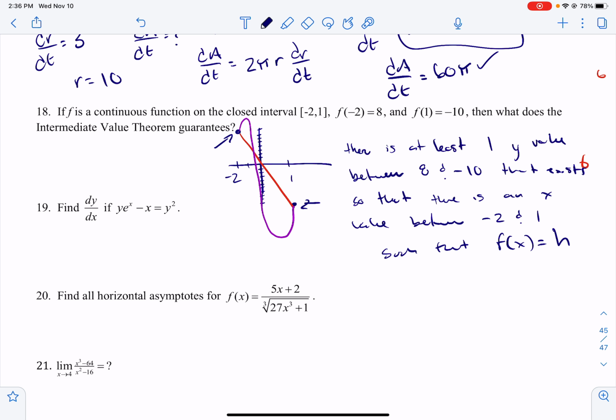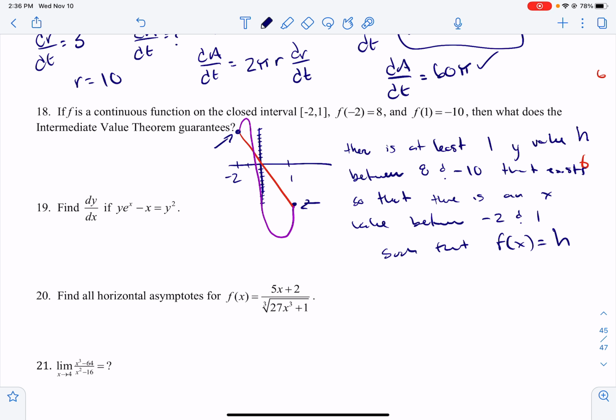Maybe we should have called these something different. Like there is a y value of h between 8 and -10 such that we have an x value between -2 and 1 so that at some point I'm hitting that value.